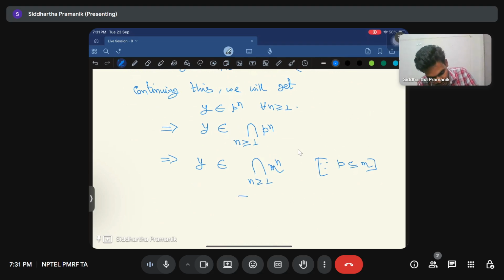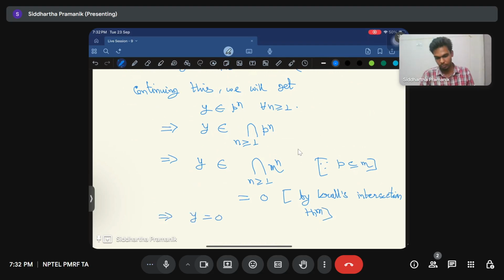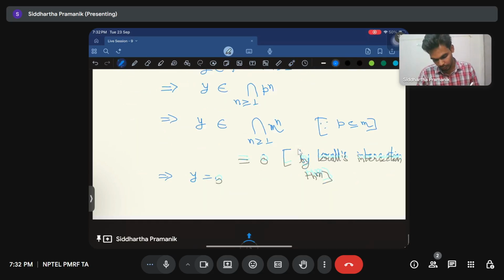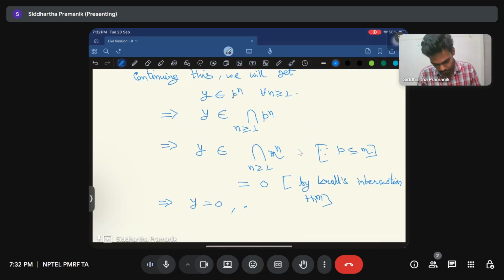But this intersection is 0 by Krull's intersection theorem. And this will imply y is equal to 0. But this is a contradiction because we assumed y is non-zero. So this is a contradiction.